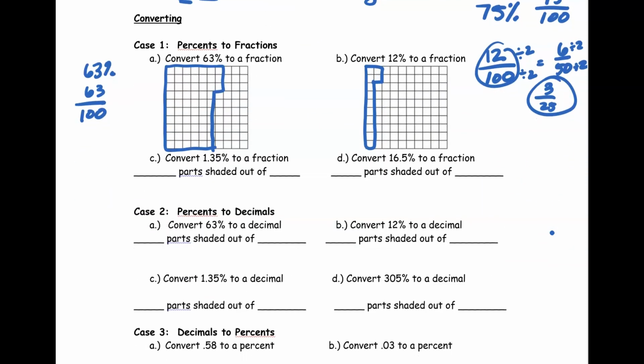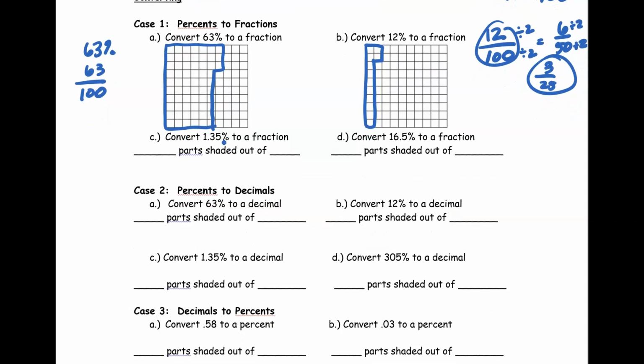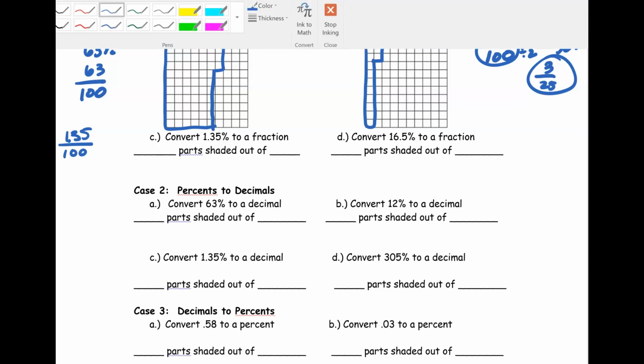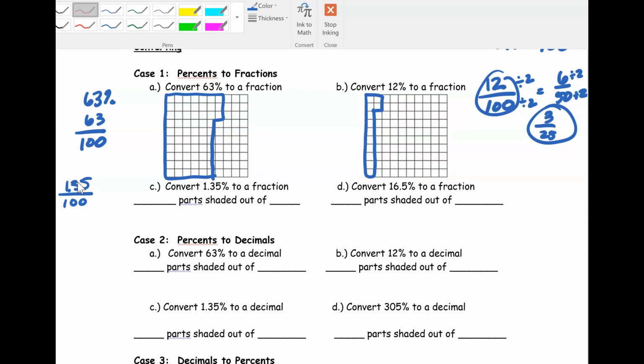If you're given a decimal or a percent that has a decimal, so 1.35% to a fraction, you still can take 1.35 and put it over 100. So 1.35 per every 100, but you don't want to leave a decimal in a fraction. So one way that you can get rid of it is to take that decimal and move it 2 spots to the right, and if you do that to the top, you also have to do it to the bottom and put placeholder zeros.